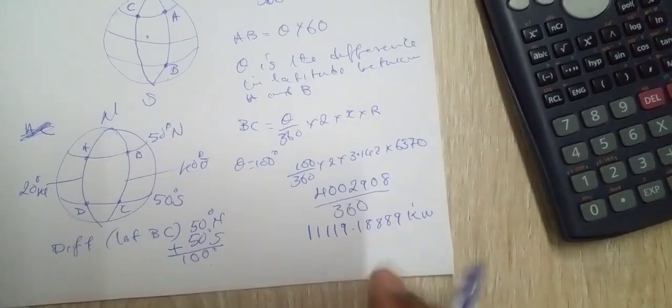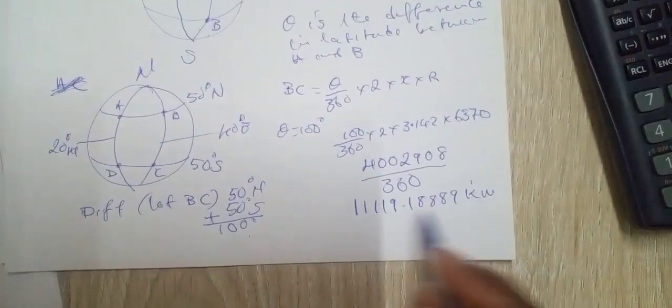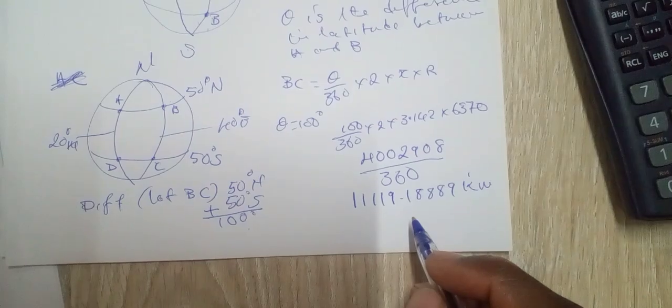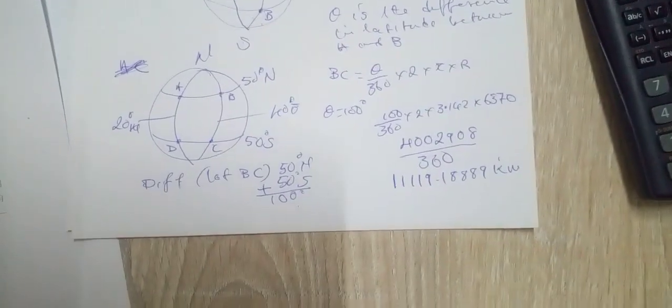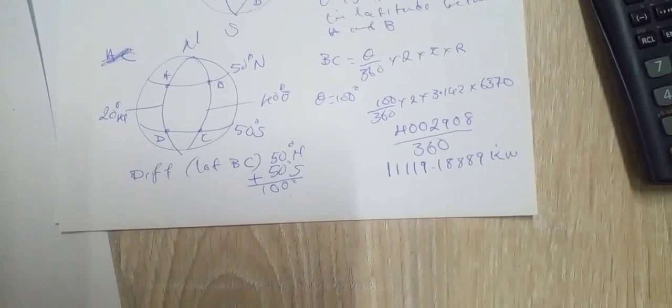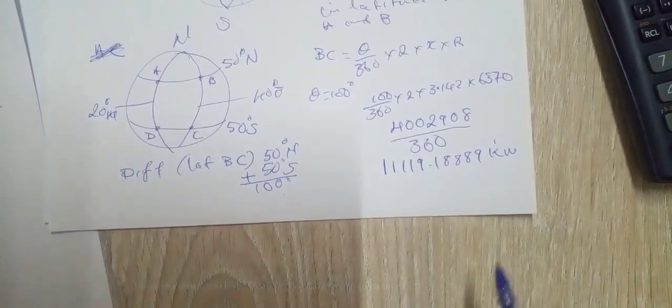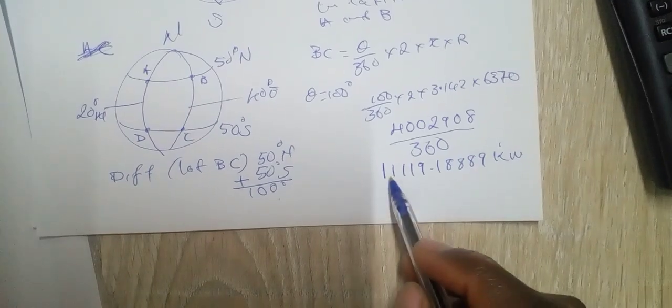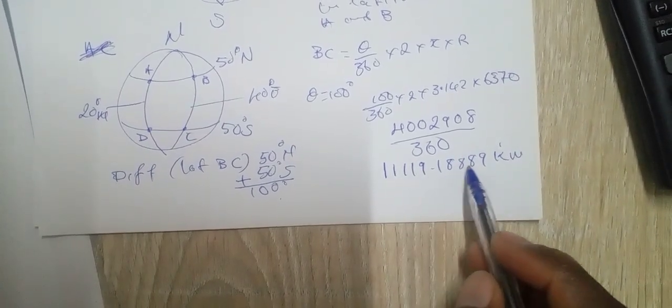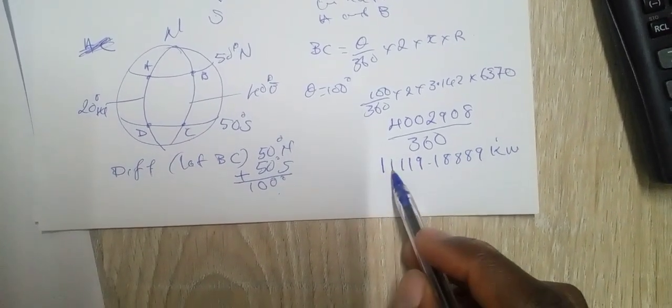Keep in mind it's in kilometers, but we should always write our answer to 3 significant figures. That is the standard the answers are approximated to. So how many significant figures do we have here? We have 1, 2, 3, 4, 5, 6, 7, 8, 9, 10, but we just need 3. So 1, 2, 3.